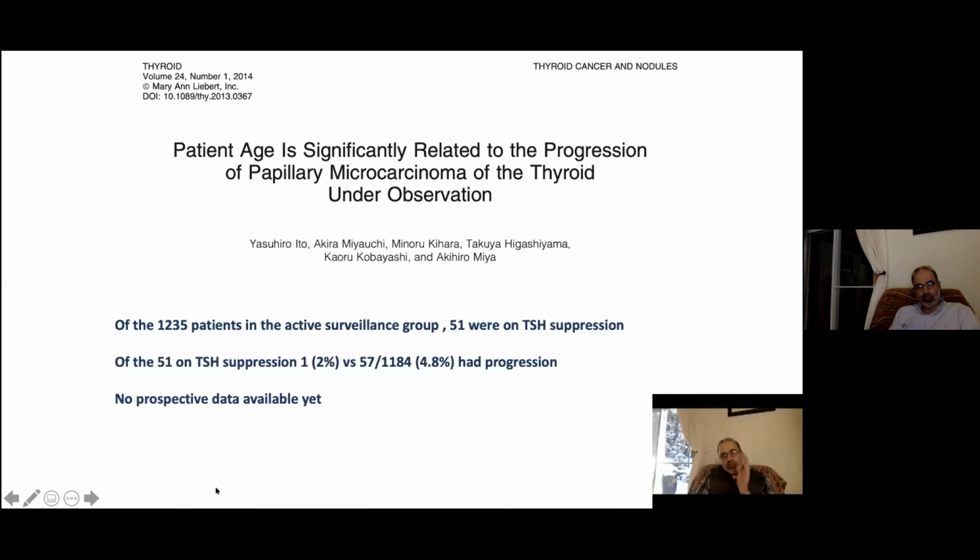But in those patients who have not had surgery or in an active surveillance type of situation, is there any evidence? And the answer is really not much.